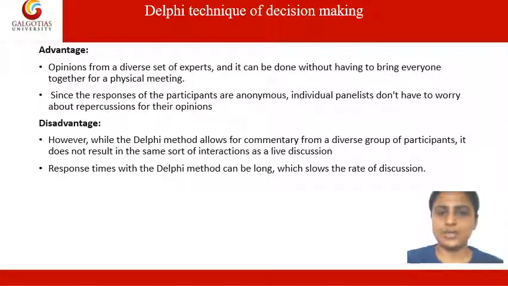Now, if you look at the disadvantages, one of the biggest is that it does not allow the same kind of interaction as we have in a live discussion. And secondly, since there are many rounds involved and you wait for others' opinions, the response time can be too long.